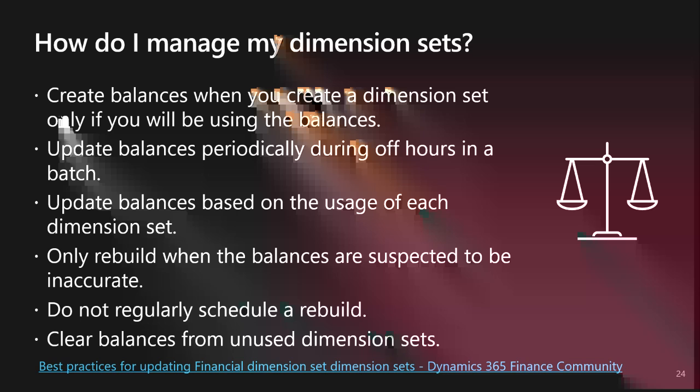Another example is if your company does a lot of posting during the day, schedule a recurring balance update once an hour to make sure that the balance update a user would have to wait for is never too large. And if it's a dimension set that is just not used very often, we would recommend that you just clear the balances and leave it, and take that burden off the system.